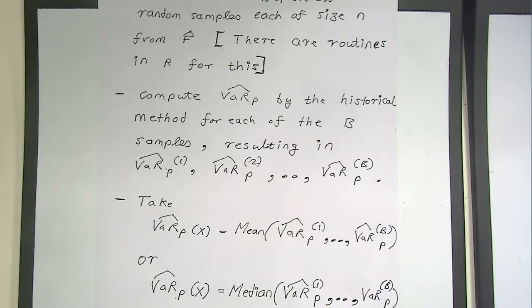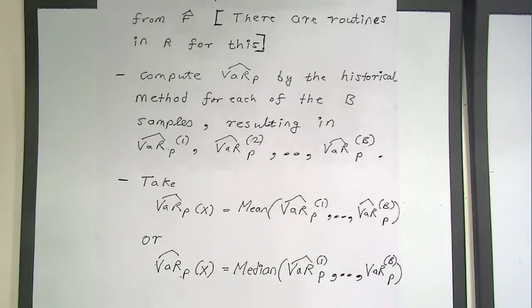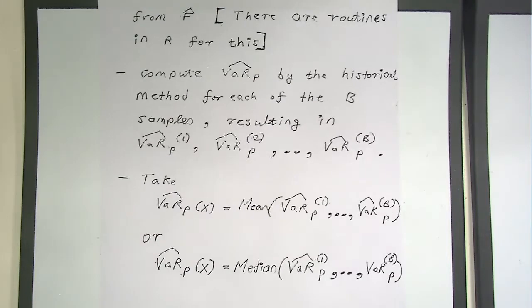Alright, so the final step says the following: take the final estimate for VaR either as the mean or the median of the values obtained in the second step. Remember, the second step computes the VaR for each of the B random samples.